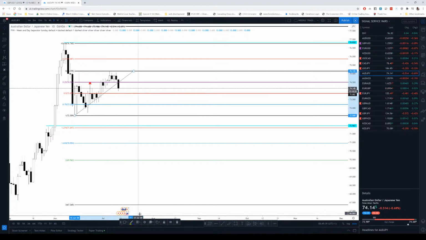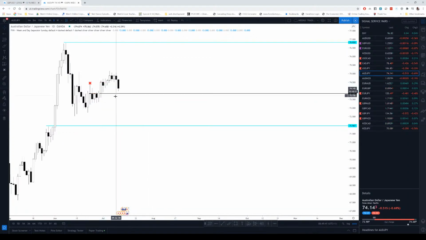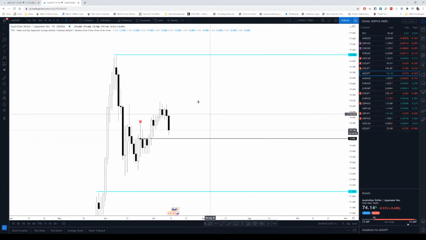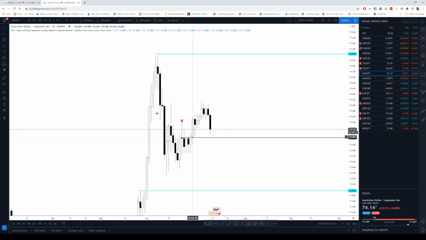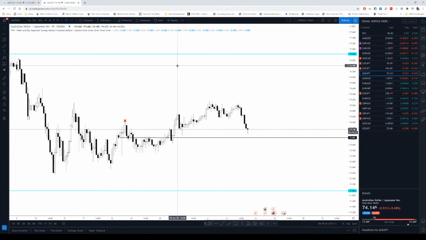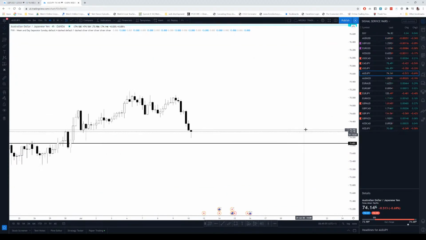That 50% level will be influential, and it's perfect, just below this low. So watch out for that level. If they get here and you see signs of rejection, you can frame a trade around that, and you target some highs on the lower time frame.